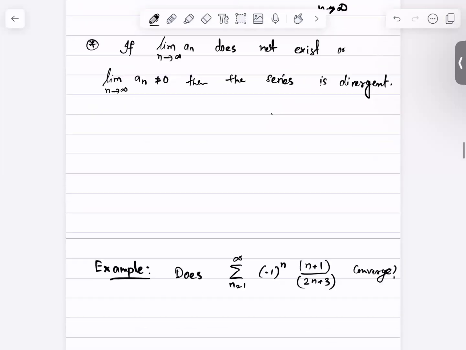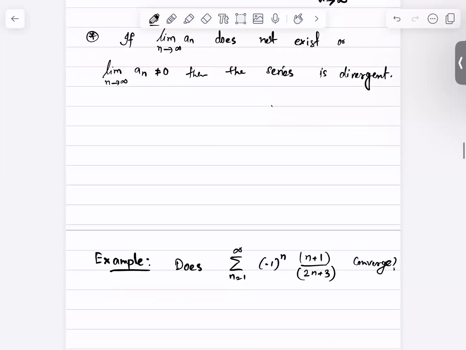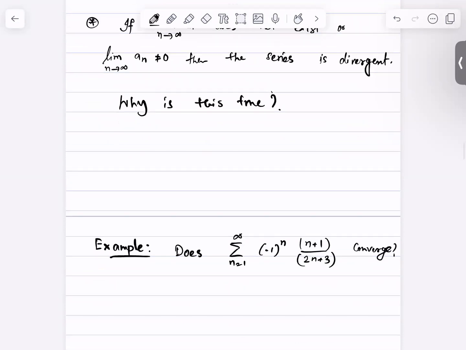Okay, how to prove this? Why is this true? Because I know that an is just, rewriting intelligently, I can write this as the sum of the first n terms, and then subtract all the terms till an minus 1.